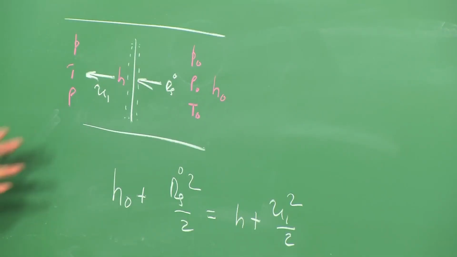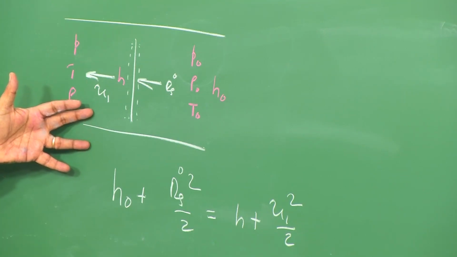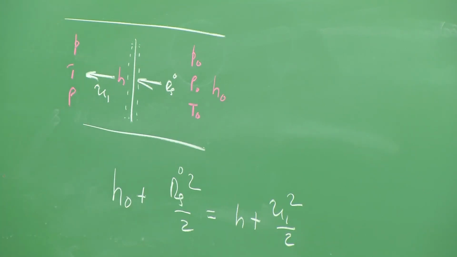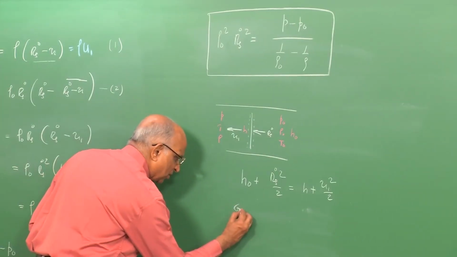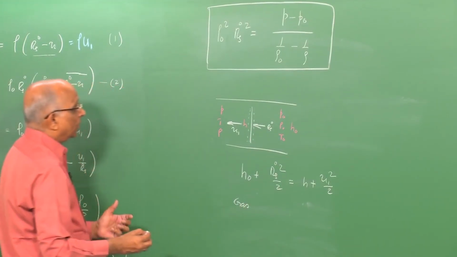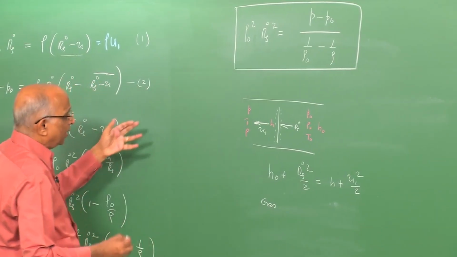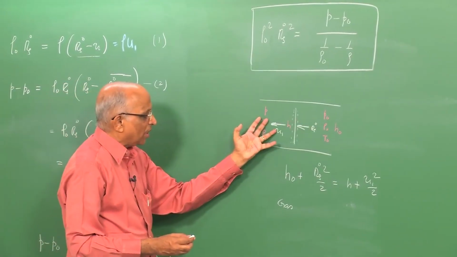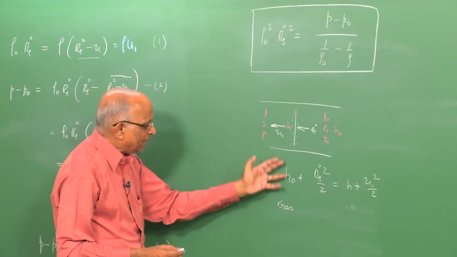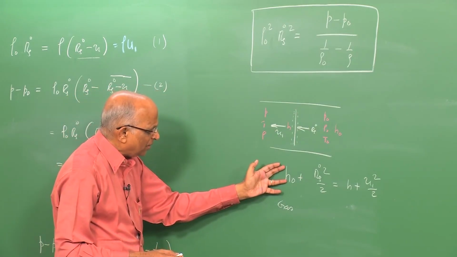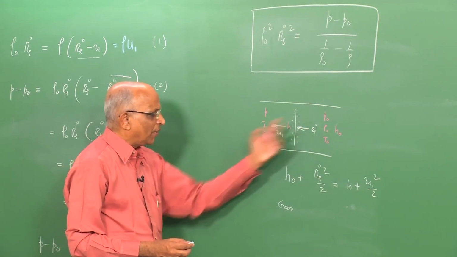Therefore, at this point, we would like to introduce some simplification for the substance involved. Let us take the case of the substance being a gas. Even though the momentum equation we derived is irrespective of the substance in which the shock is travelling, when I look at the energy equation, it becomes necessary to specify whether the substance is a solid, liquid or gas.